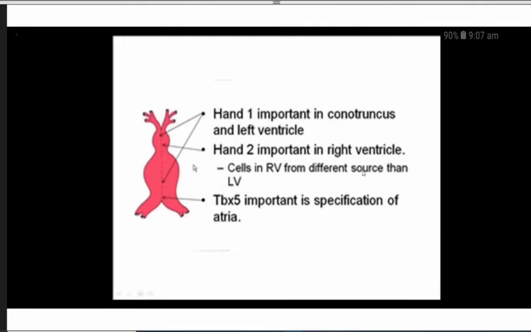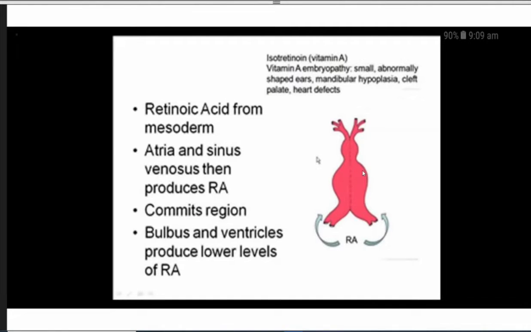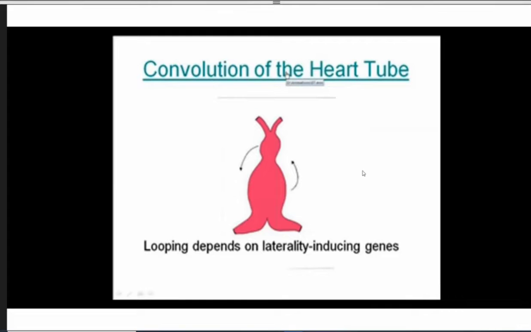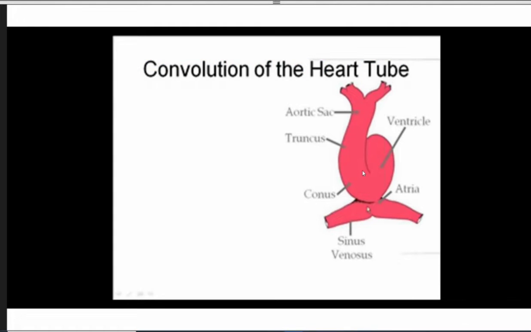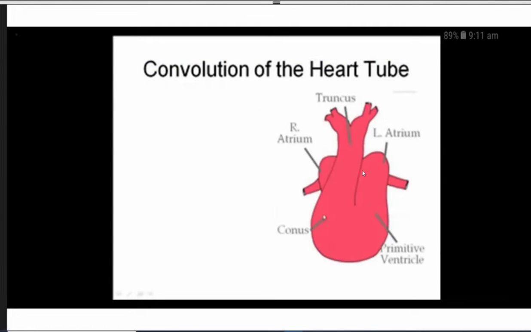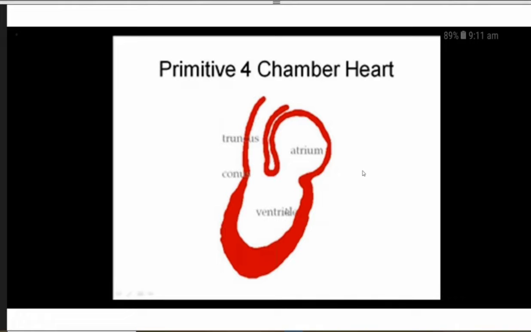And when genetic aberrations happen at these particular genes, then the particular embryological step has an aberration, and that aberration manifests as a physical deformity in the cardiac. So the looping depends on laterality inducing genes. And similarly, convolution has certain genes.